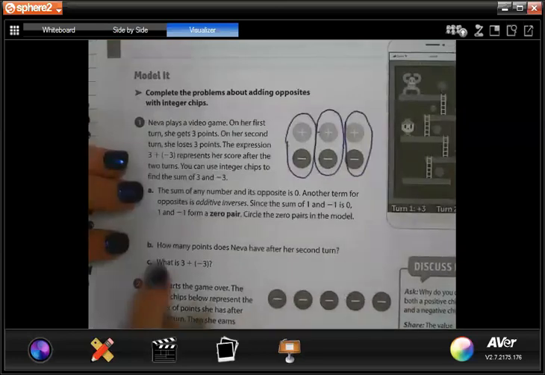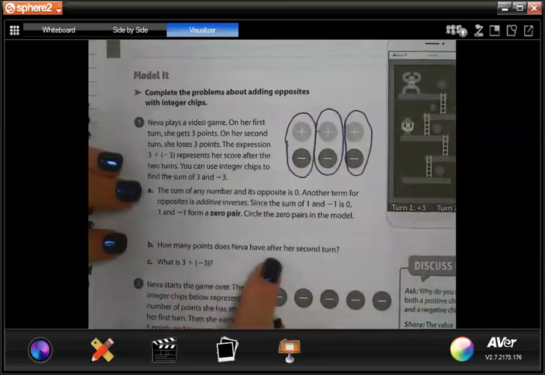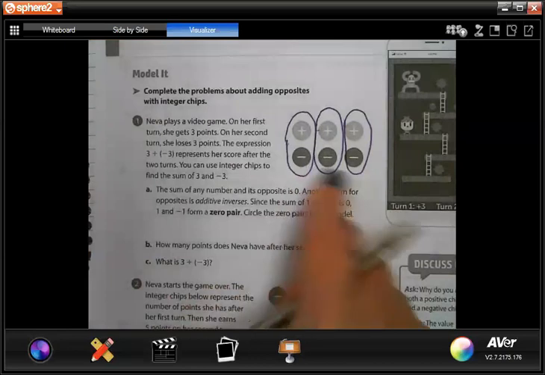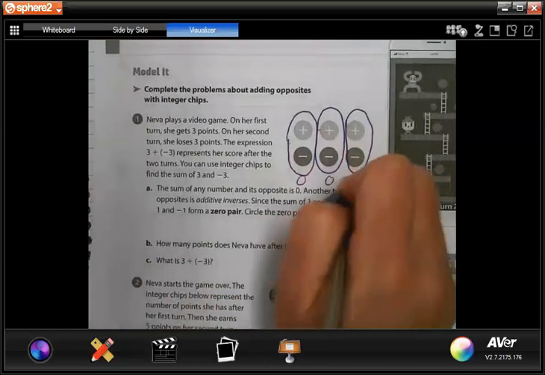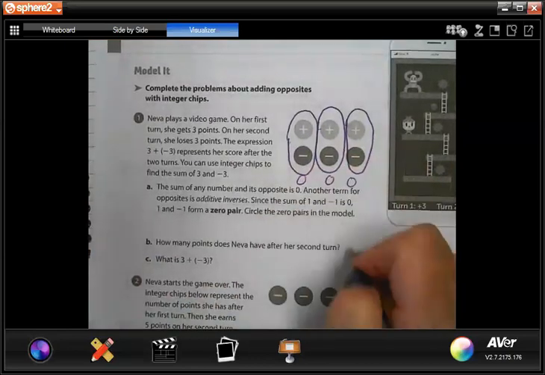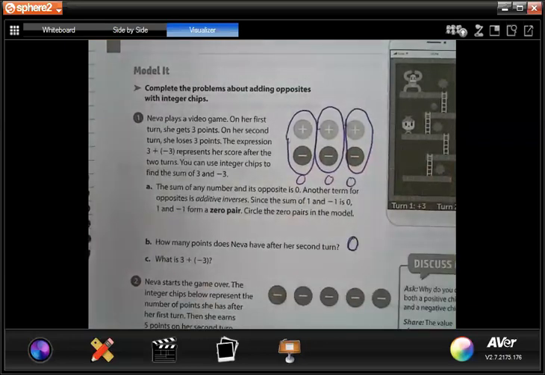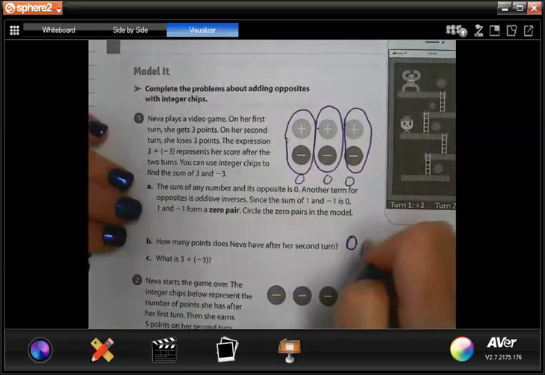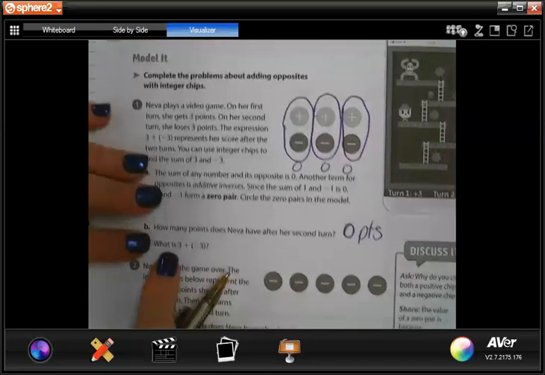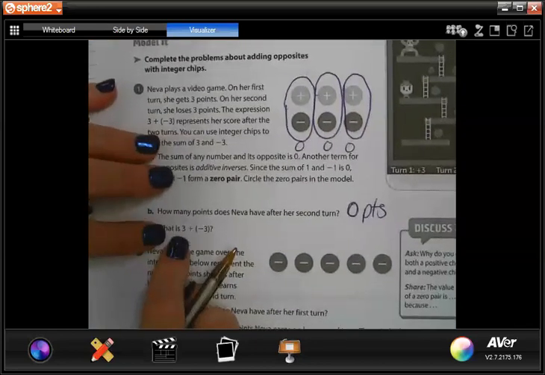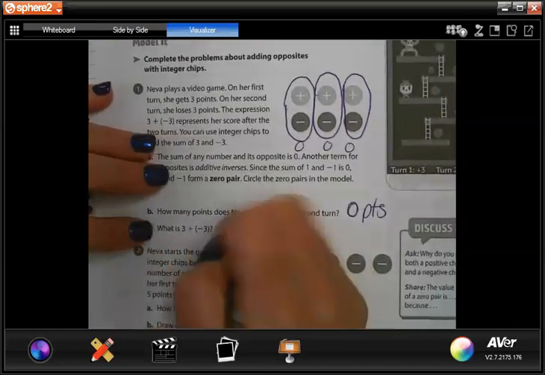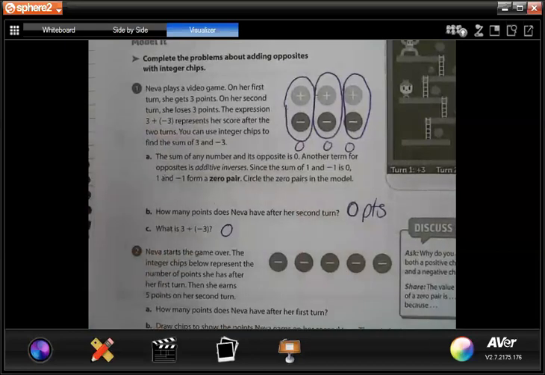All right. So how many points does Neva have after her second round? Well, these are all 0 pairs. So they're all gone. So she has 0 points. So therefore, what we learn is that 3 plus -3 is 0.